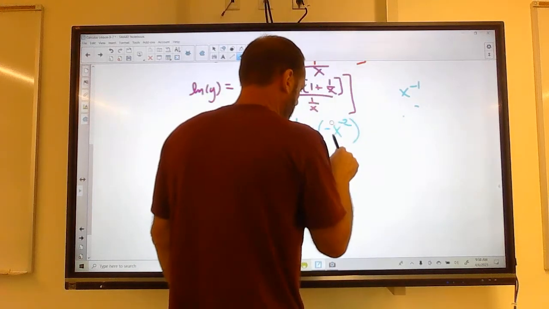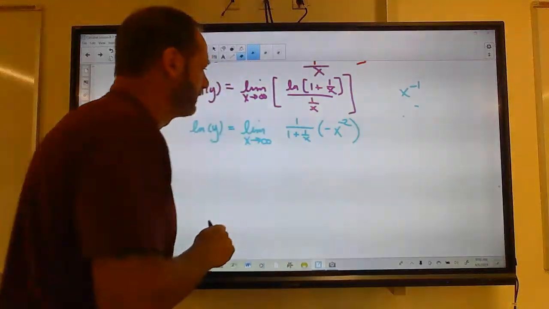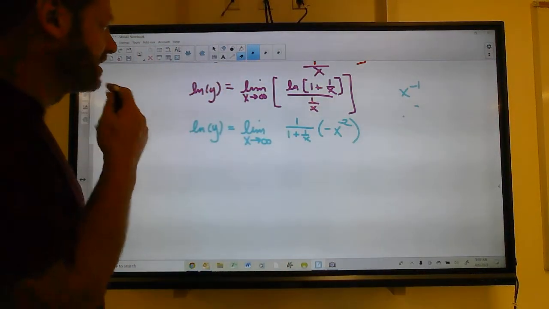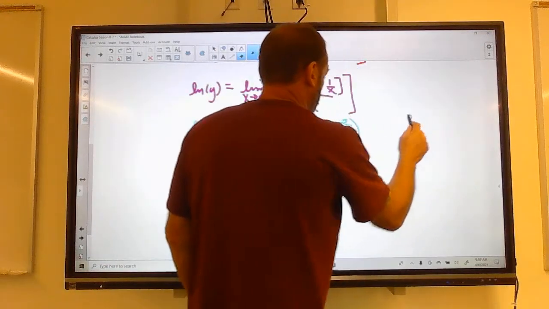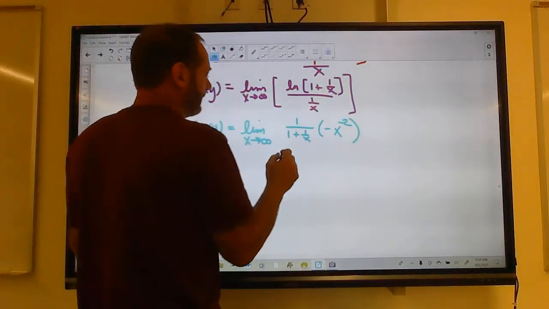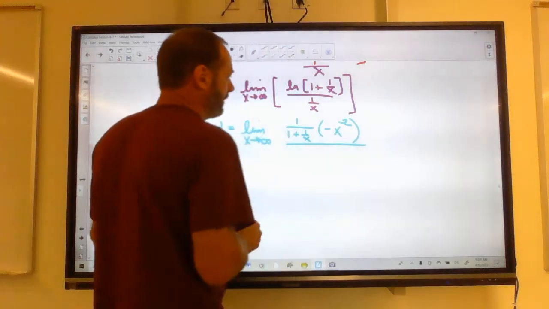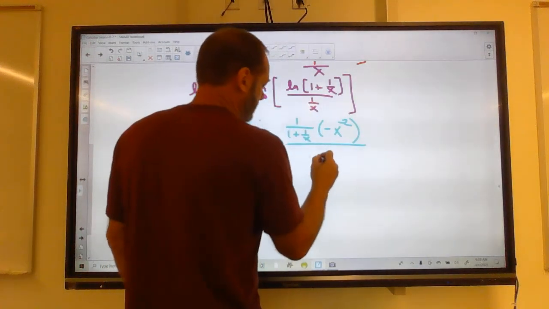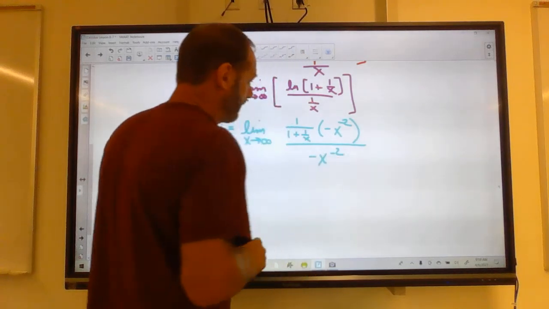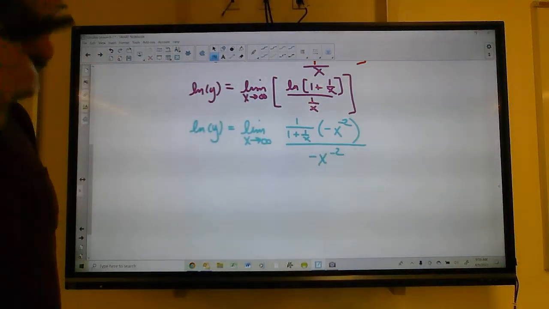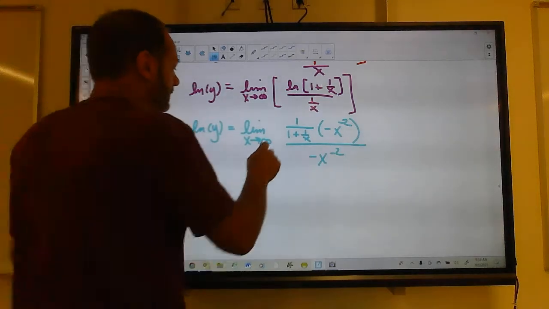So it's not 2, not 1/2 here. And then this is going to be over, again, this is x to the negative 1, so this is negative x to the negative 2 power right here.